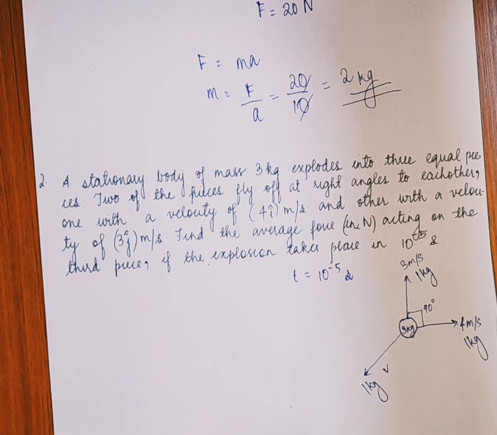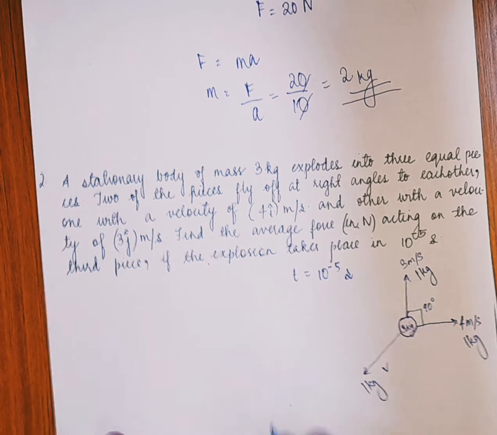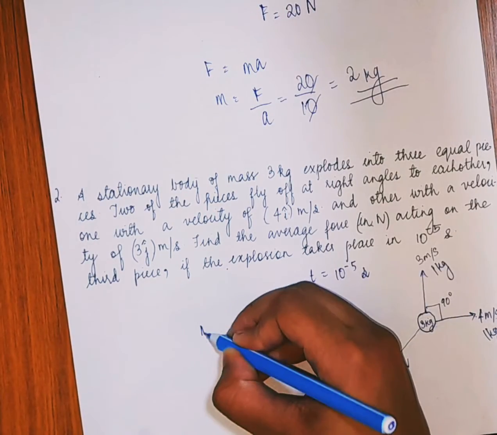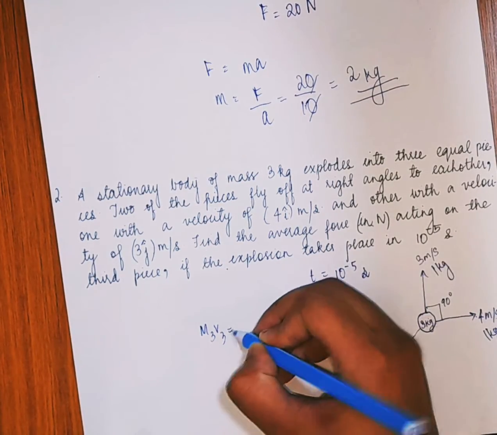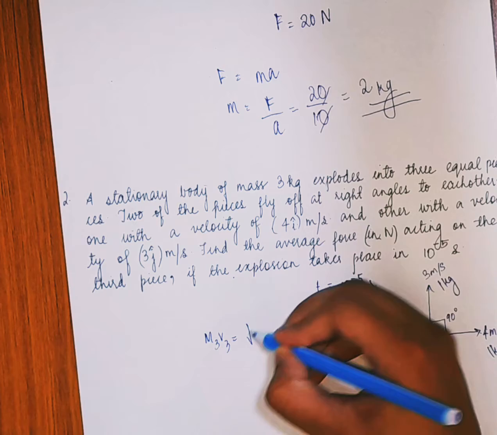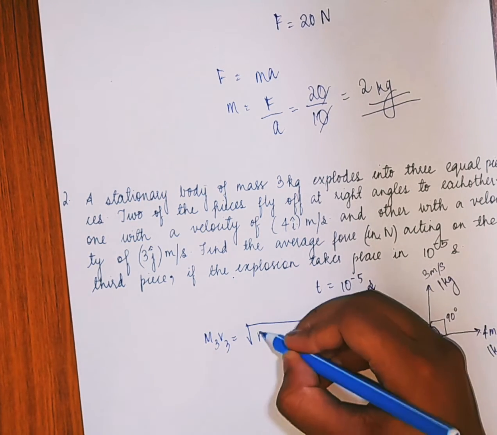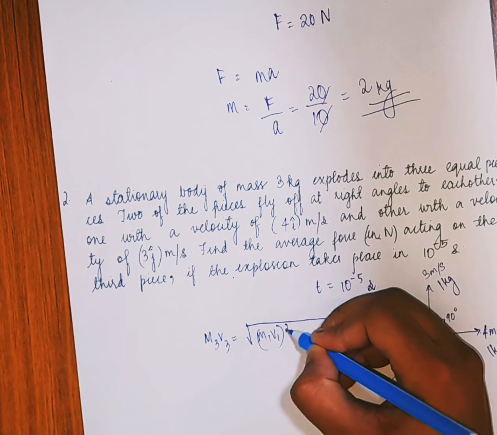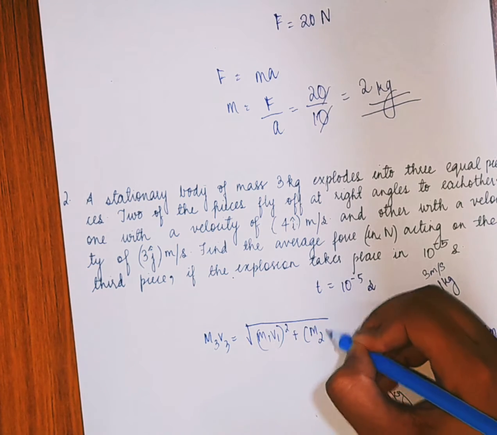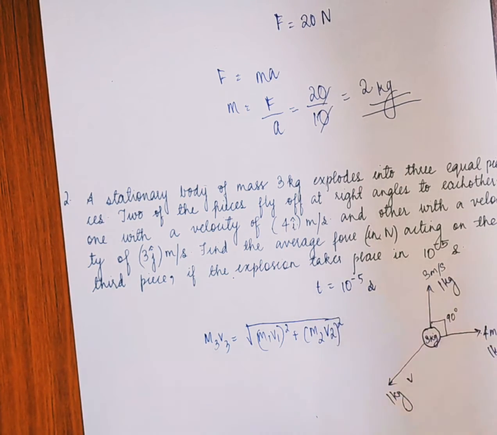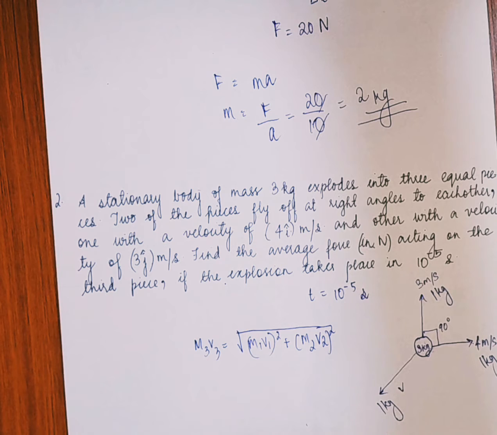So according to the equation of conservation of momentum, m3v3 would be equal to root of m1v1 the whole square plus m2v2 the whole square. This is the equation.